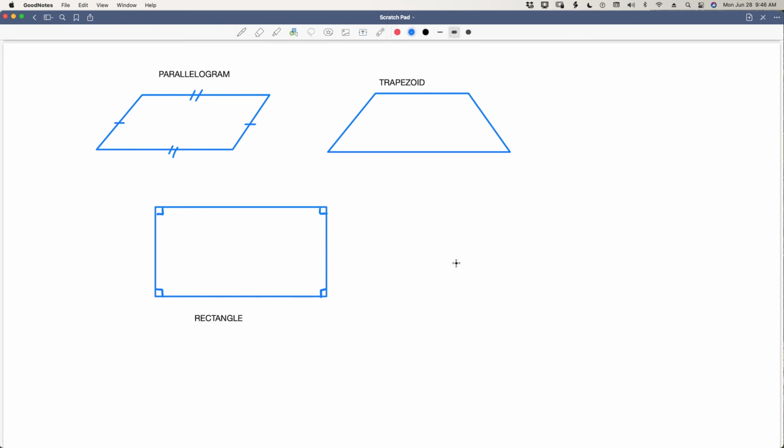And we also talked about a square, and a square is simply a rectangle that has the 4 sides the same. So all the degree measures are right angles, and all 4 sides have the same measurement, and that is a square.